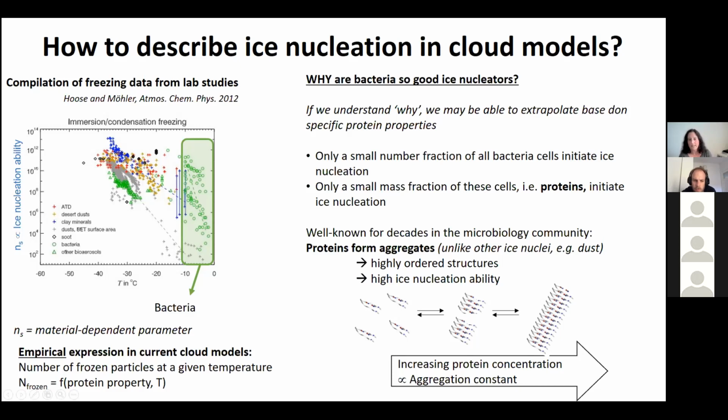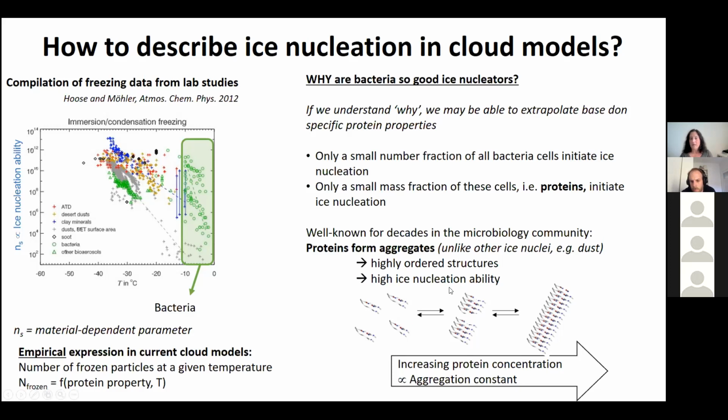Aggregate means we have monomers, small molecules. If the concentration gets higher, they make larger molecules, something like oligomers, or if it gets larger, maybe polymers. And these large molecules have a really high order and are very well structured. That is very good for ice to form, because ice crystals are obviously also very well structured.